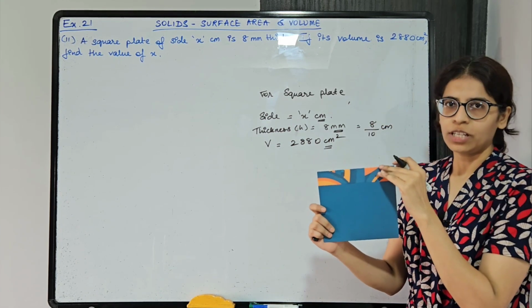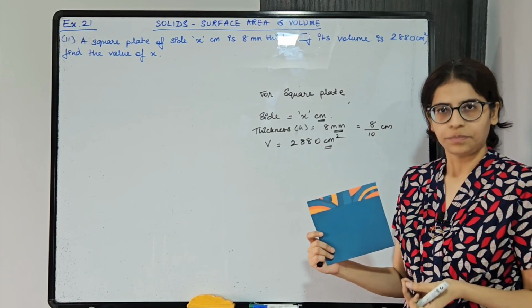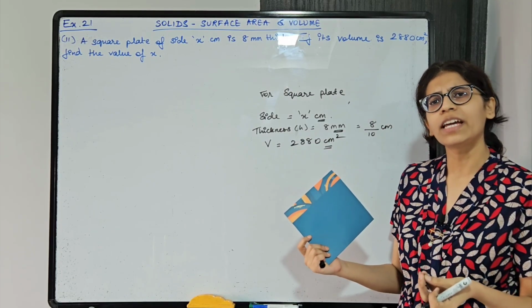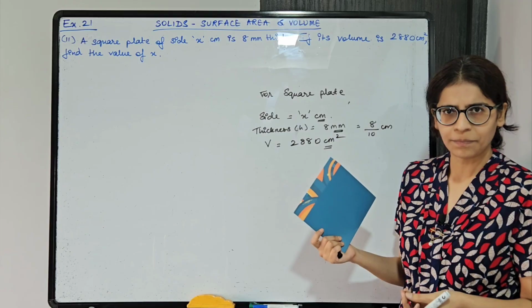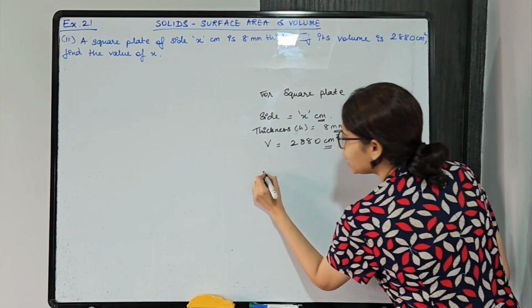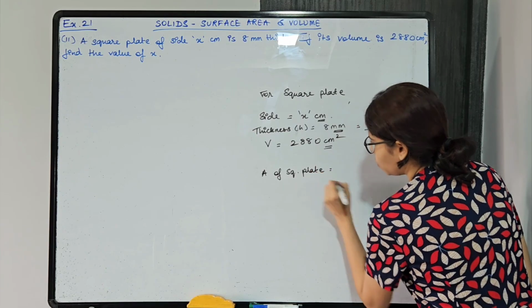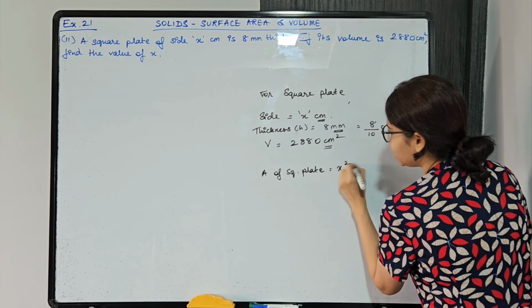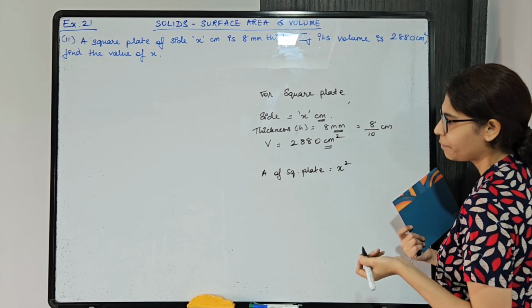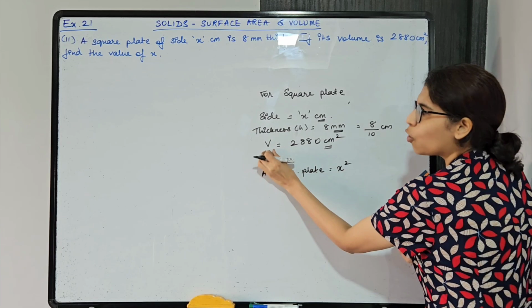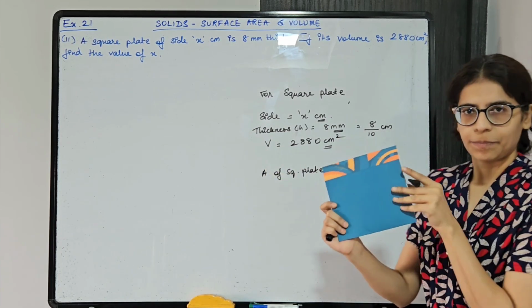Now there is a square plate having side x centimeter, okay, so इसका area क्या होगा? Area of a square is nothing but side square, right? So area of the square plate will be side into side, that is side square, right? What will be the volume of this plate?